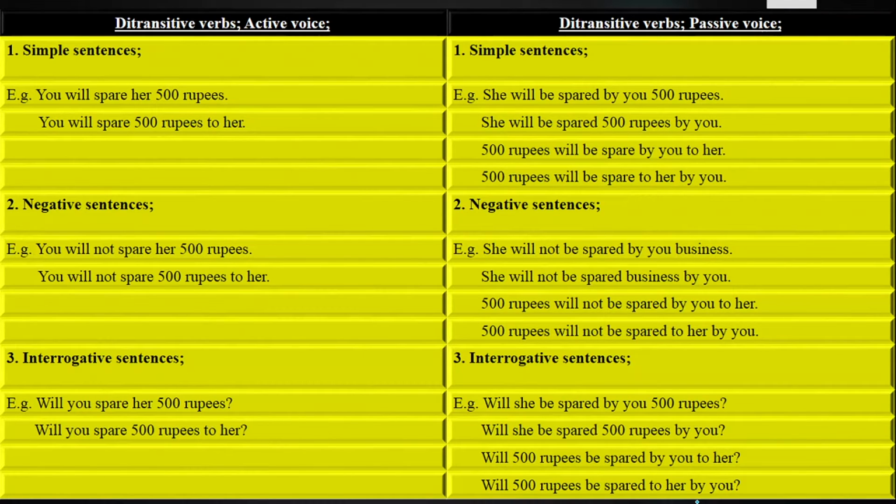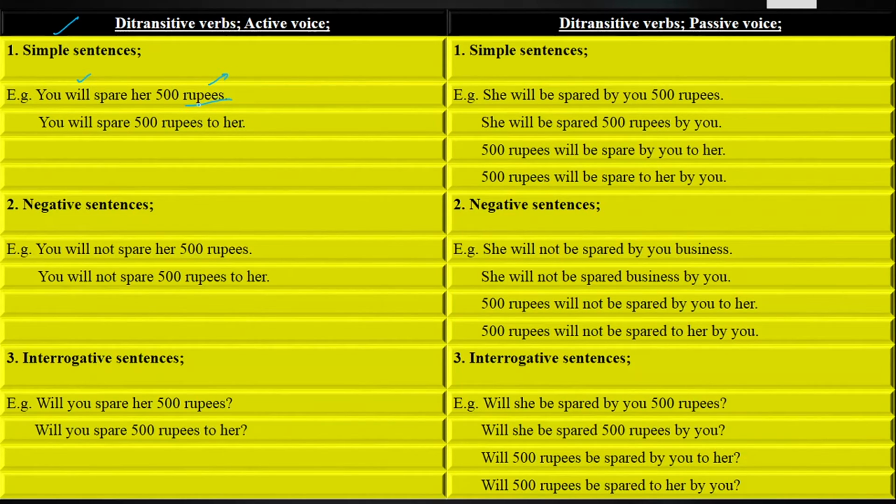So for that we will be discussing the ditransitive verb in future indefinite tense. First we have the simple sentences which make simple statements. You will spare her 500 rupees. Rupee is the currency of Pakistan as well as India.